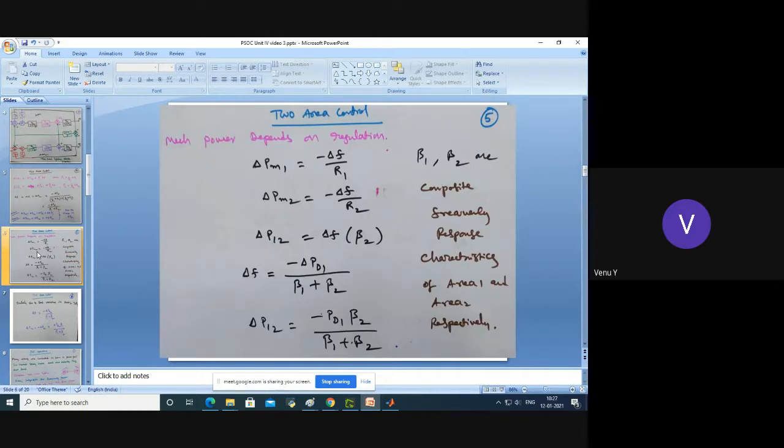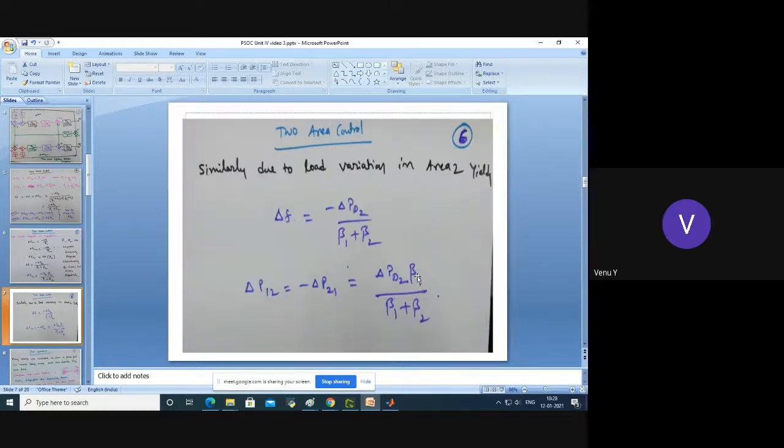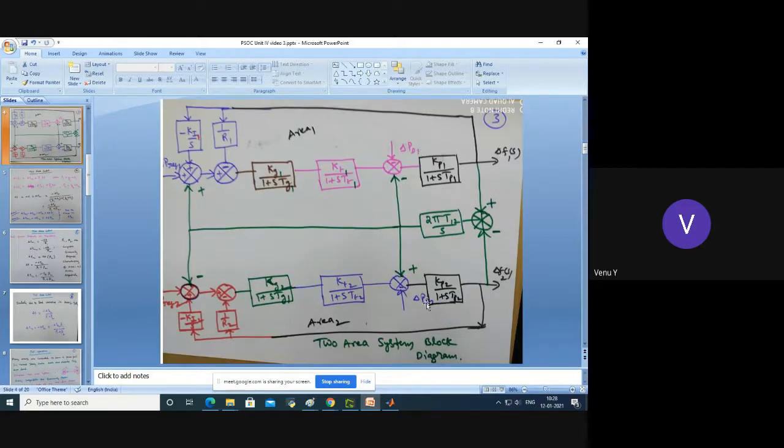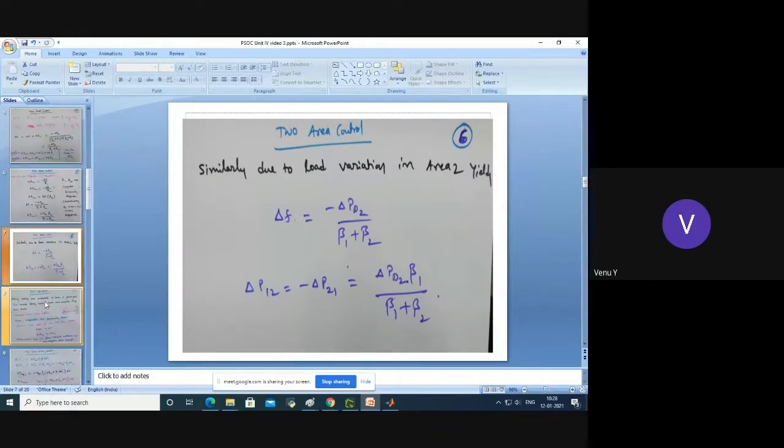Here delta P12 is when the load variation is on the first area; here delta P12 is when the load variation is on the second area. When both the areas have changes, delta PD1 and delta PD2, then there is a change in delta P12. Similarly, you need to find that out.